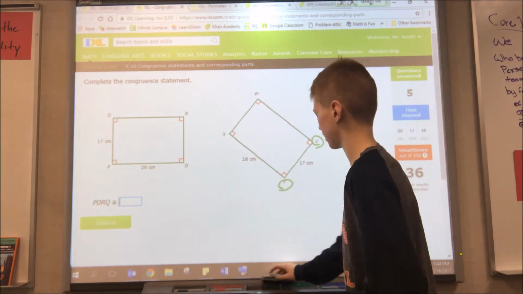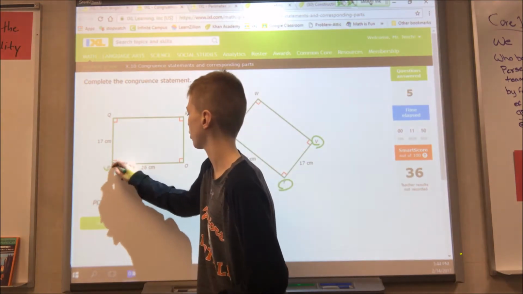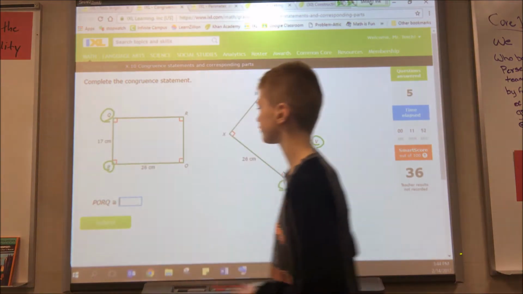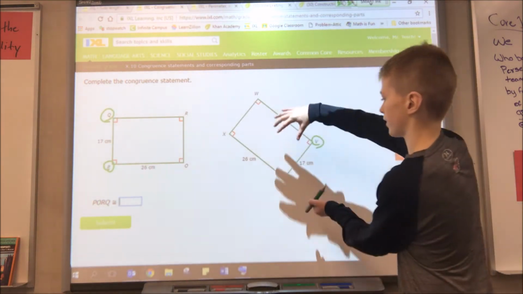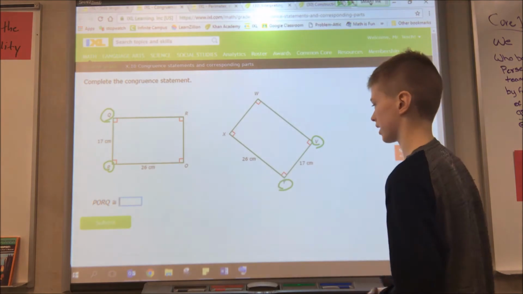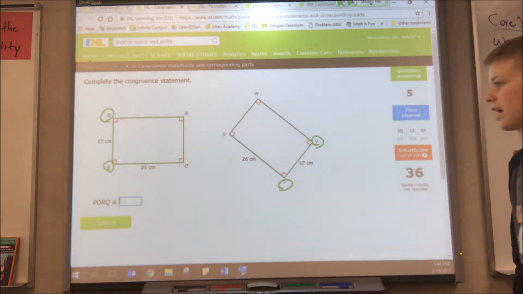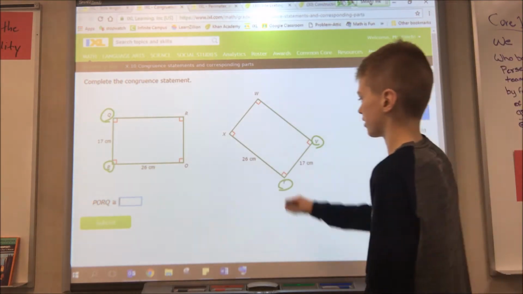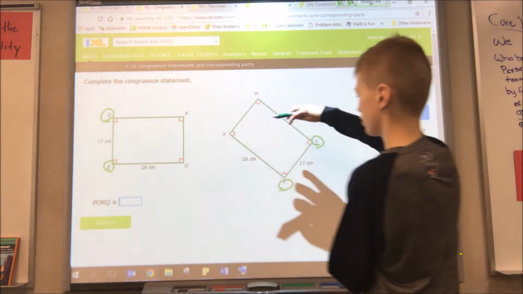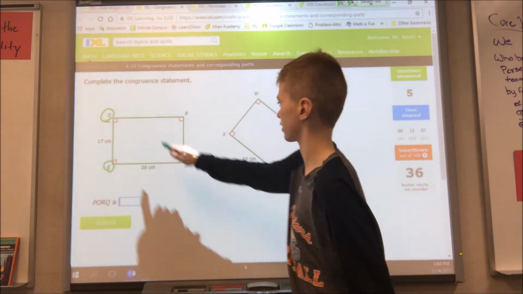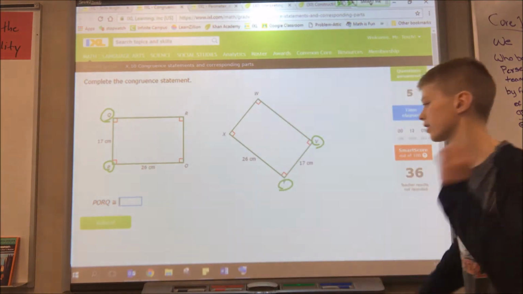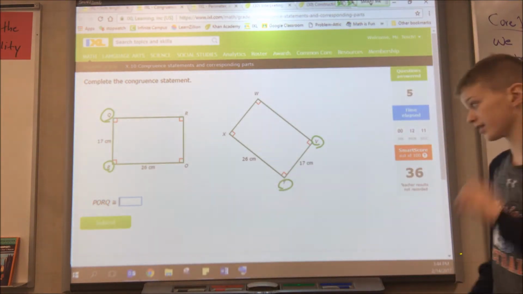So that means those two angles are the same. So if we flip it so it's the exact same, these are actually the opposite sides, because if you flip it, then this would be on the top. So that means that one of these is on the wrong side.